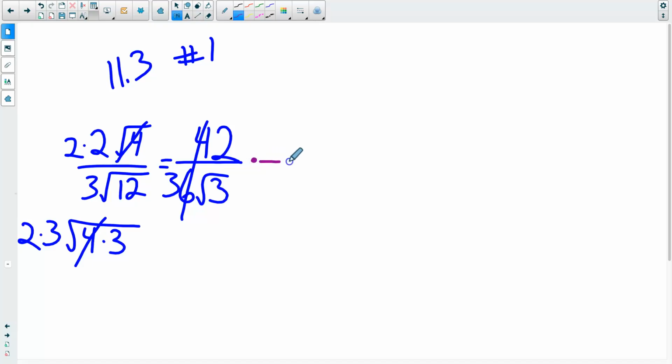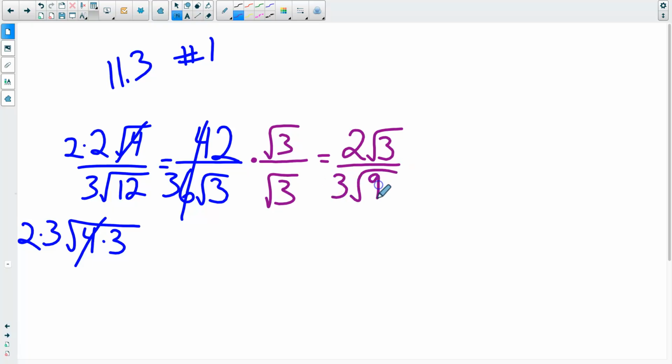And now we shouldn't have to do any simplifying when we're done. So I'm going to multiply this by the radical, which is square root of 3. I'll work through the long version of it. If you go a little bit shorter, that's fine. So this becomes 2 square root of 3 divided by 3 times the square root of 9.